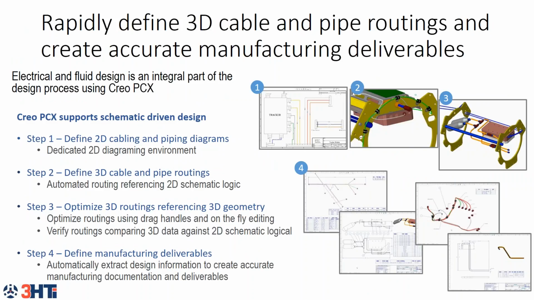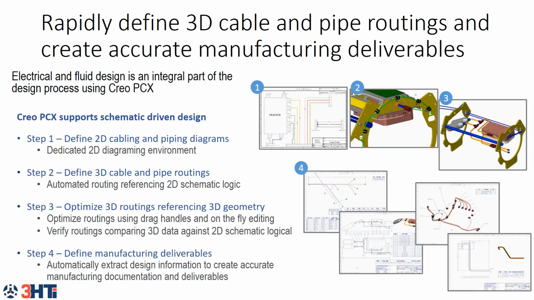Using the Creo piping and cabling extension, engineers are able to rapidly define 3D cable and pipe routings and create accurate manufacturing deliverables. The extension also supports schematic-driven design. Using schematic design capabilities, the first step is to define 2D cable and pipe diagrams.